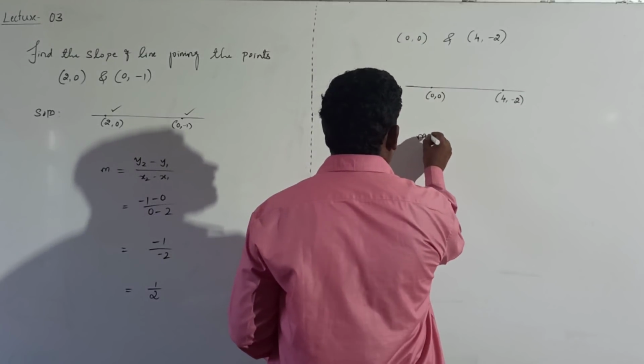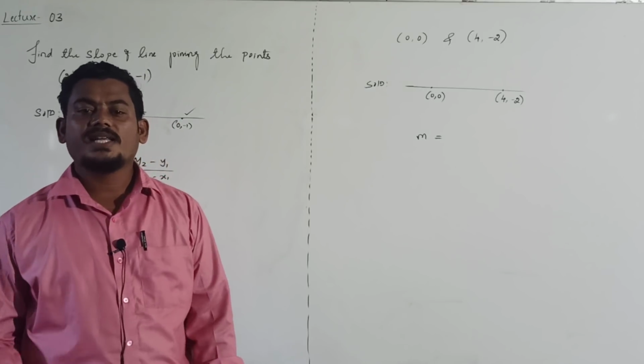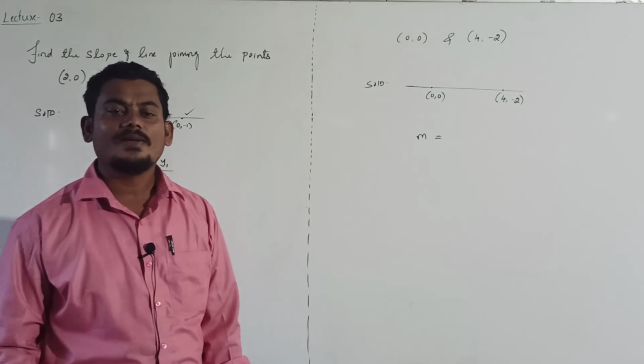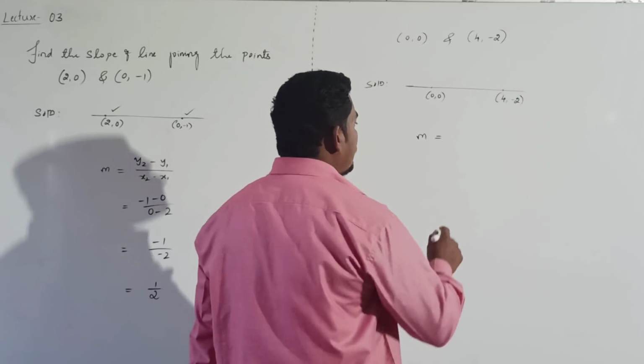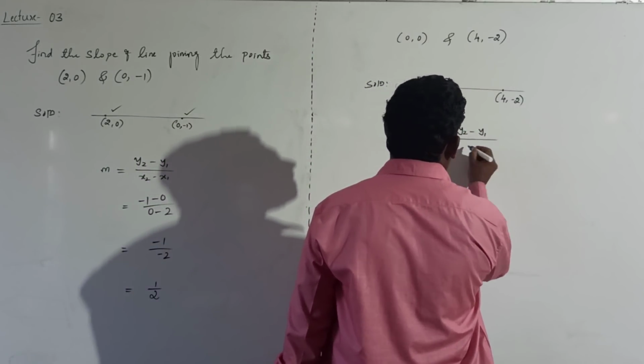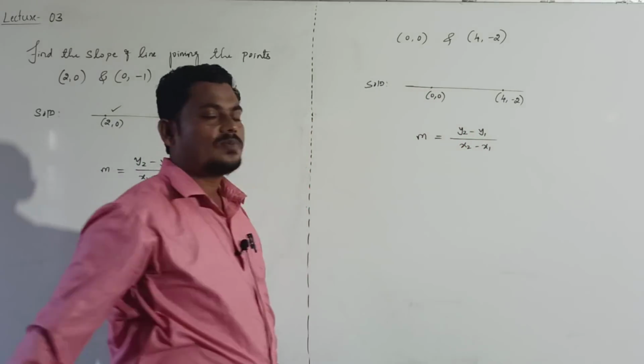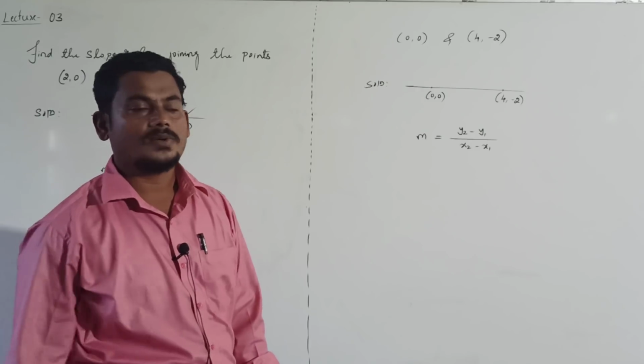Then slope of a line passing through given 2 points. Already you know the formula. M is equal to y2 minus y1 divided by x2 minus x1, and always the first point is x1 y1 and the second point is x2 y2, right?